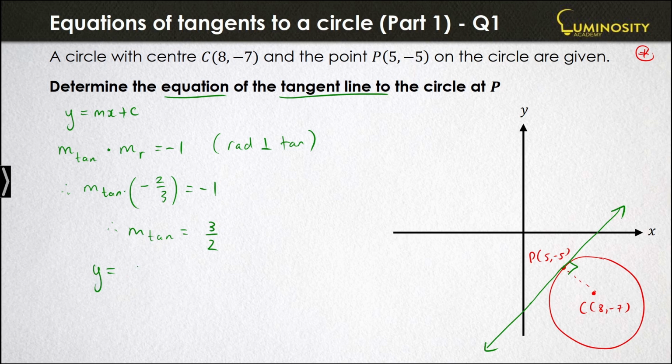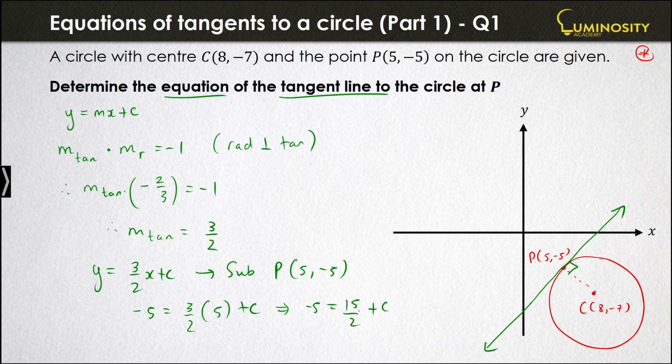So I've got y = 3/2 x + c. Then I can substitute that point P(5, -5), and I get -5 = 3/2 times 5 + c. So -5 = 15/2 + c. If I subtract 15/2 on both sides, I have -5 - 15/2.